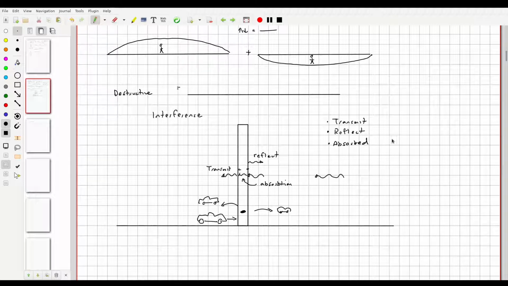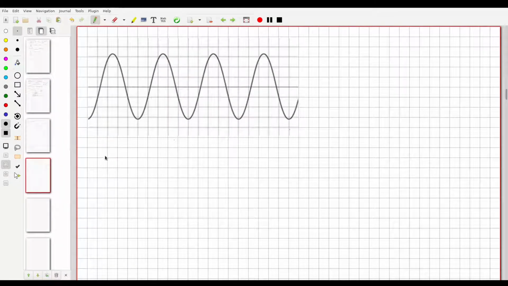Okay? Now, we talked about some of the properties of waves in general, how they are transferred through a material, the types of waves that you can have, and some of the ways in which they differ from an object. What I'd like to do now is talk about some of the terminology that you see used dealing with waves.